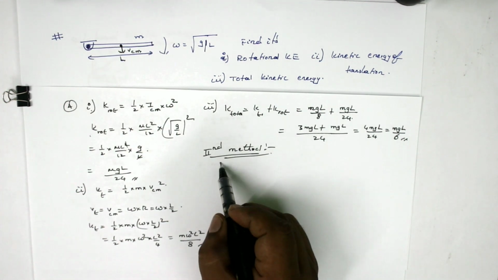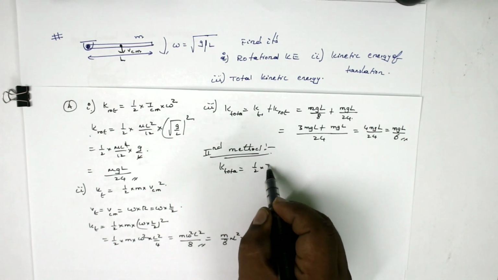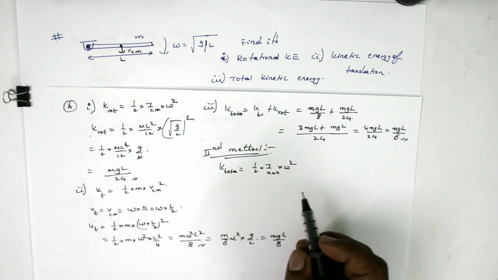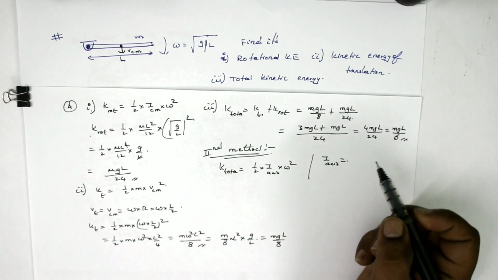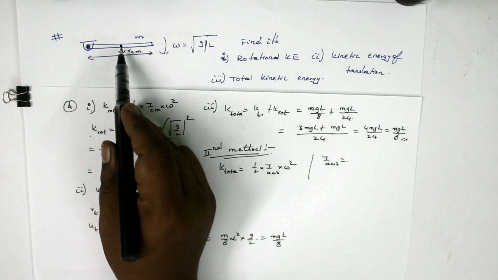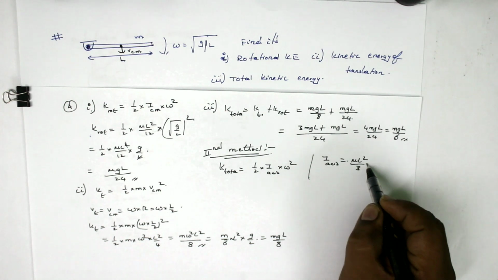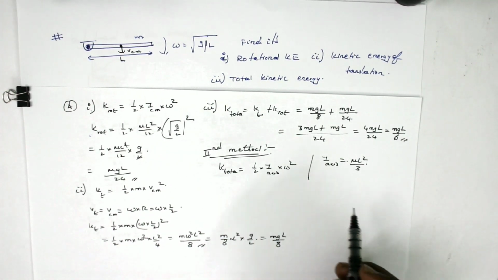Therefore the total kinetic energy can be written as half into I axis into omega square. Now how can I calculate this moment of inertia across this axis? Moment of inertia across any end of a rod is nothing but ml square divided by 3, which we have studied in the concept of moment of inertia.